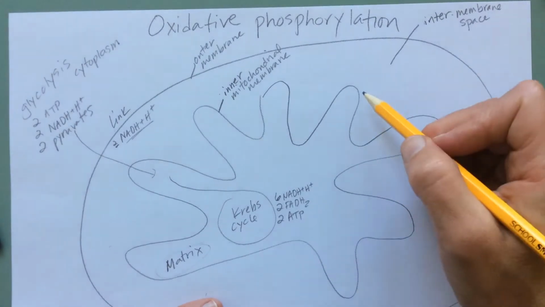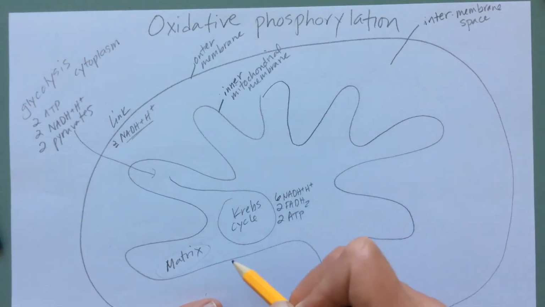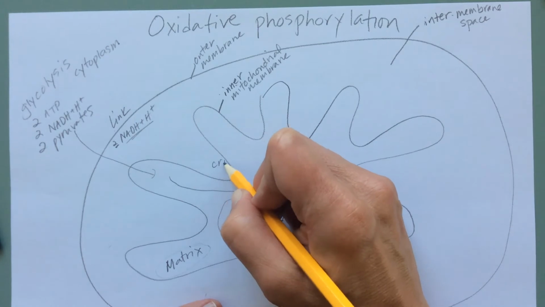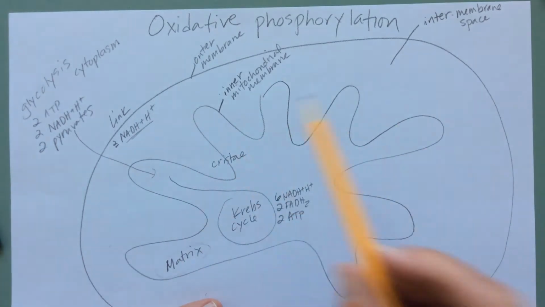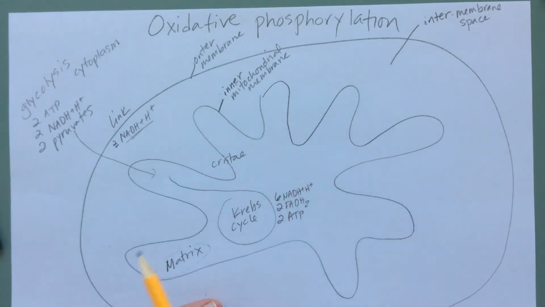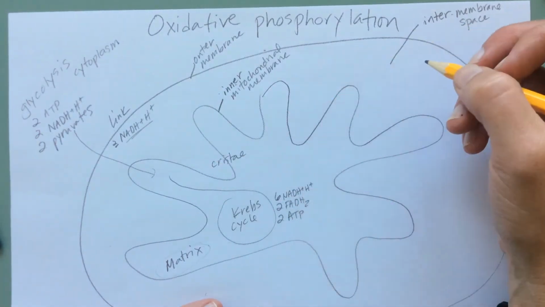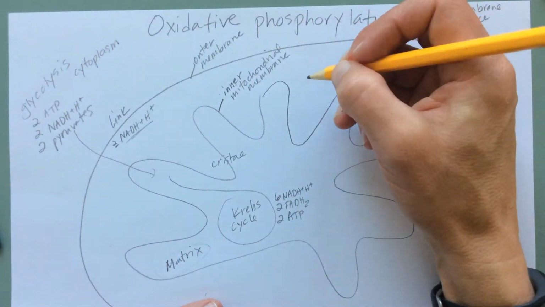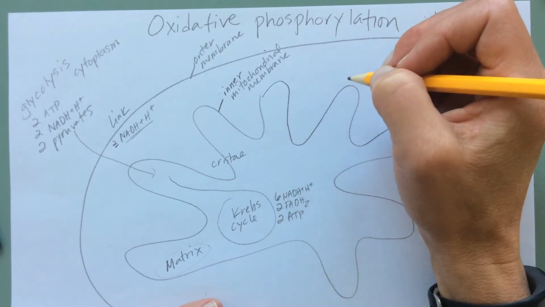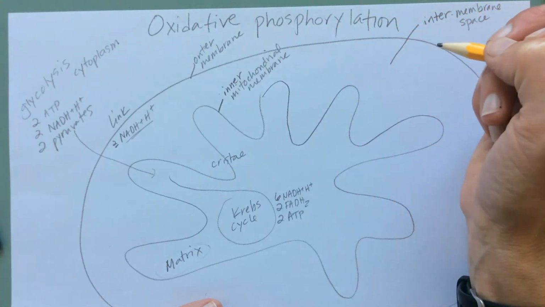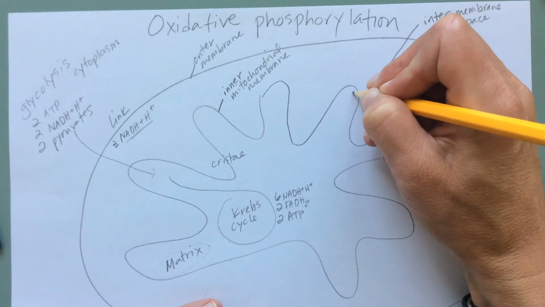All right, now these folds are called cristae, so I'm just going to call this a cristae, right? That's plural. So all of these cristae, the folding makes it so there's lots of surface area. That's very important. All right, so along the cristae is a series of proteins and enzymes and other things that are going to be responsible for oxidative phosphorylation.